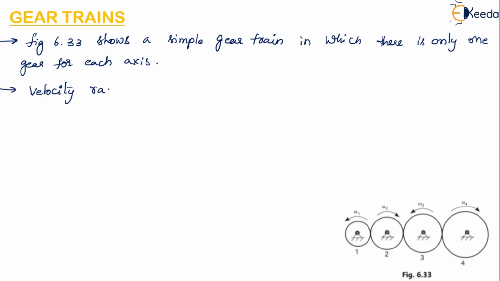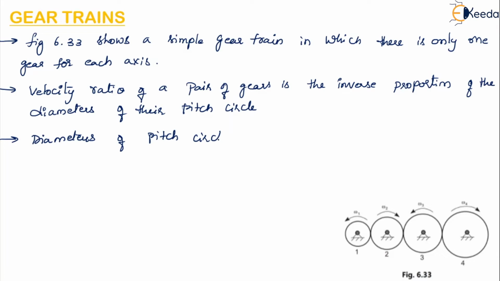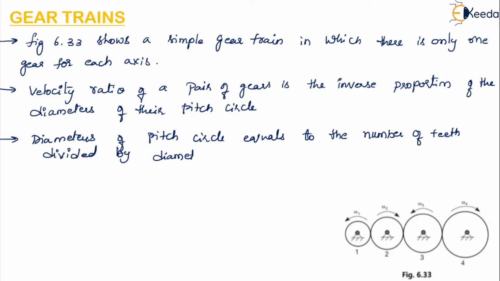The velocity ratio of a pair of gears is inversely proportional to the diameters of their pitch circles. That is, we can write the diameter of the pitch circle as equal to the number of teeth divided by the diametral pitch.